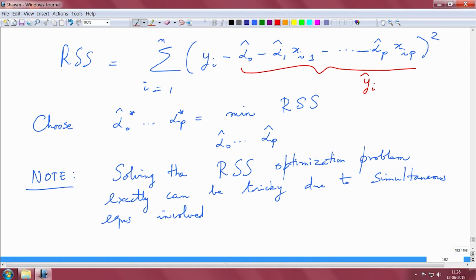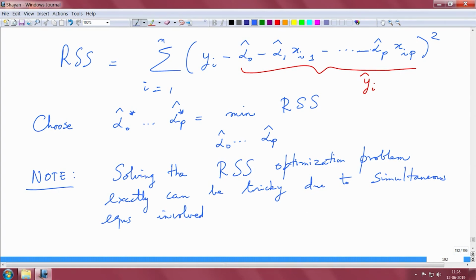I have to minimize this quantity with respect to these parameters, and if I optimize that, I will get alpha naught star hat, so on till alpha p star hat. Okay.